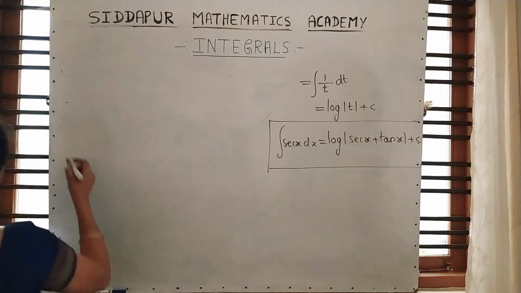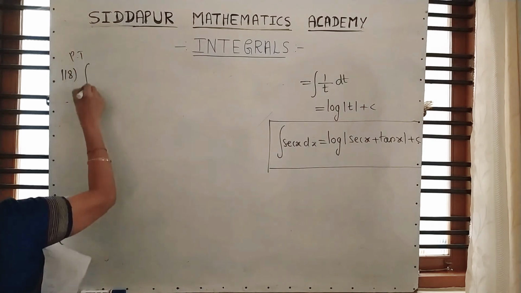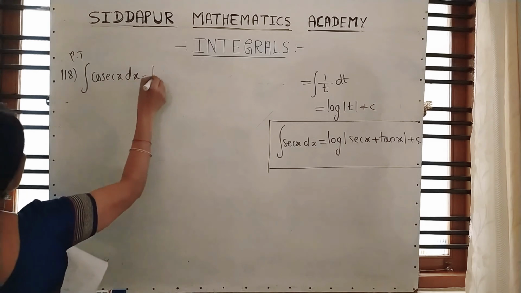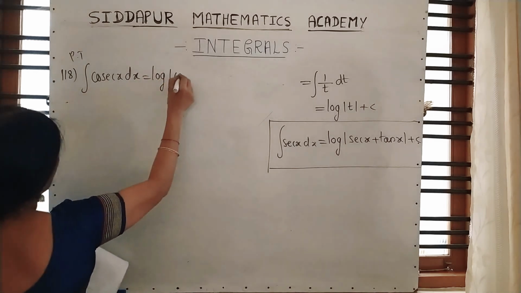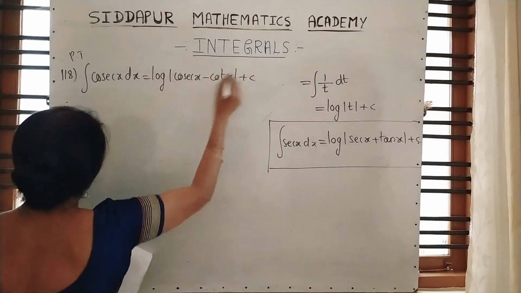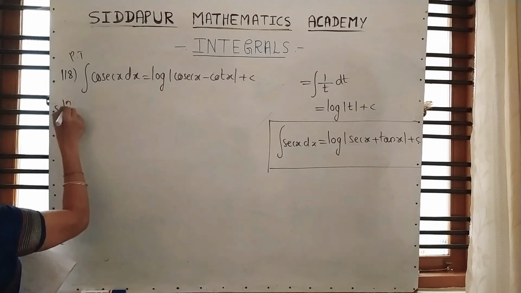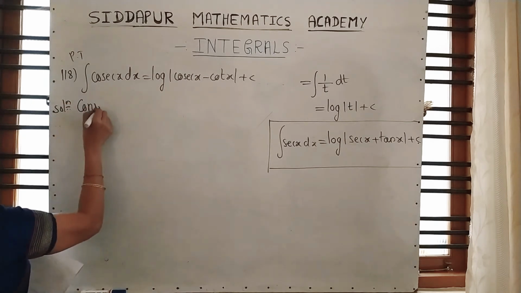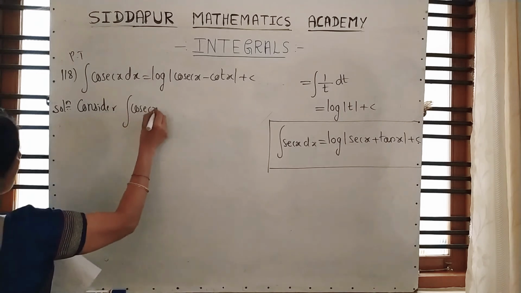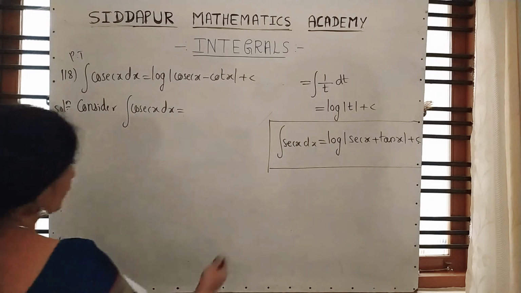Question number 118. Same, prove that integration of cosecant x is log of cosecant x minus cot x. Consider cosecant x into cot x, and please note down whatever I am writing here.